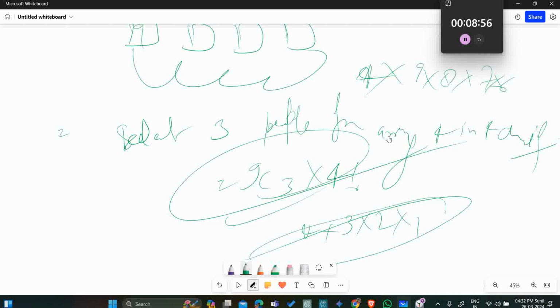And we can do this. So 9P3, 9C3, 3 factorial, 4 ways.